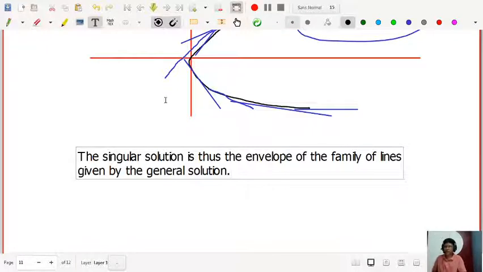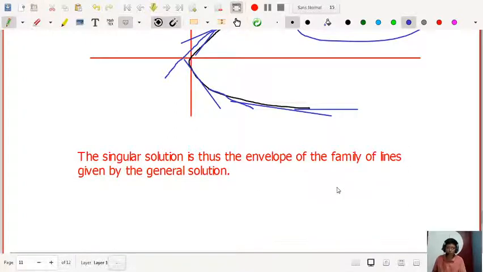Okay, so that's it. This is the last line, and that is the important conclusion.